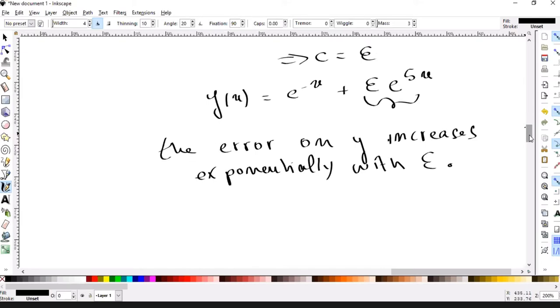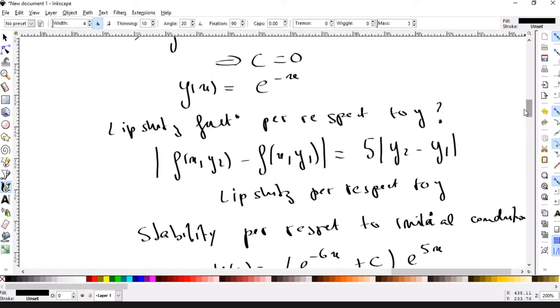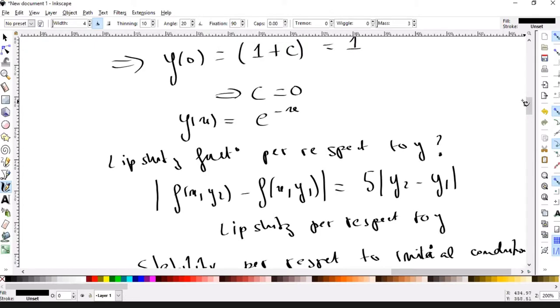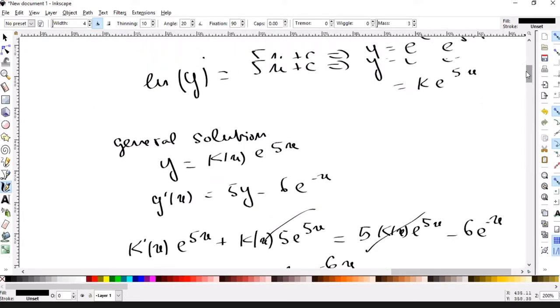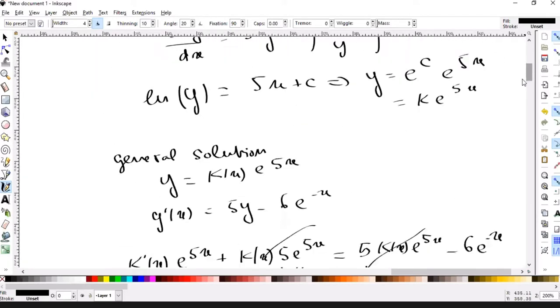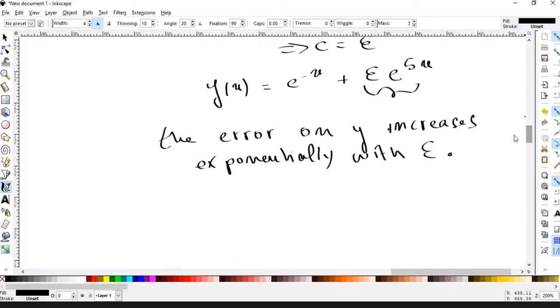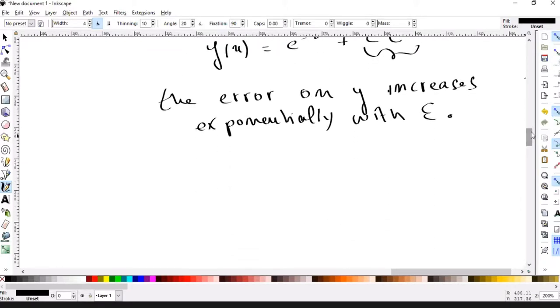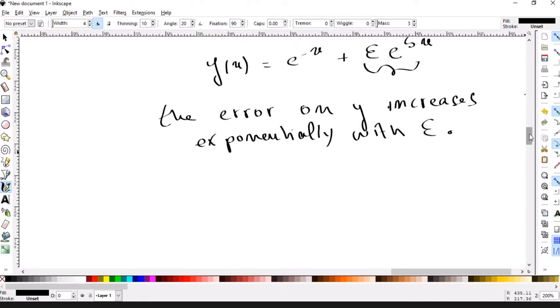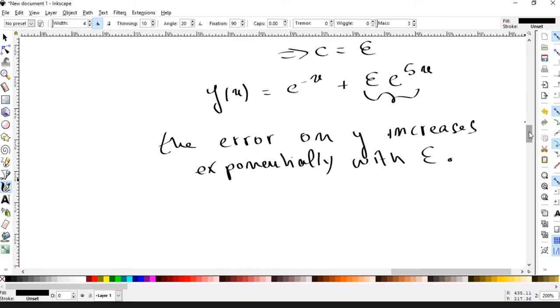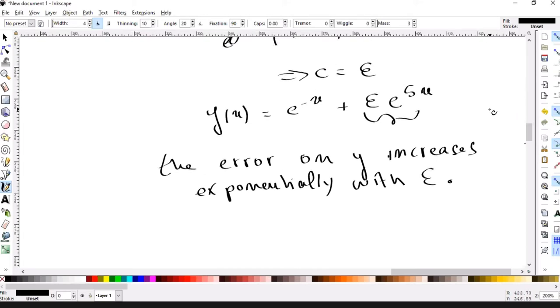So you can see that when we try to solve differential equations numerically, we can have some problems, because the solution sometimes diverges at some point, like the previous example, or diverges when we have some error on the initial condition.